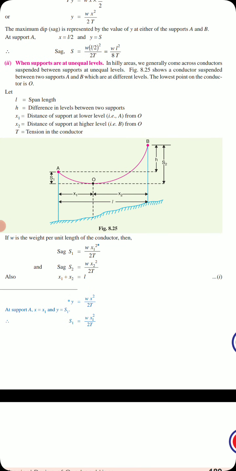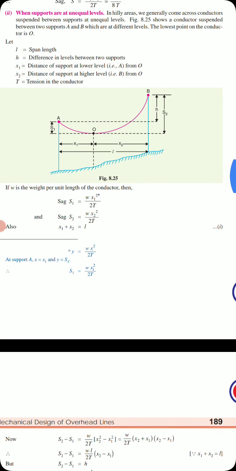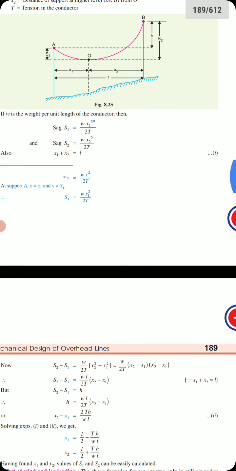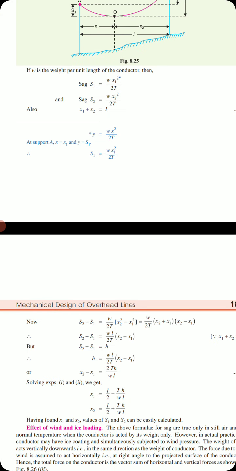Sag S1, measured from the support A to O, is given by S1 = W x1 square by 2T, and sag S2, from the point B to O, is given by S2 = W x2 square by 2T, where x1 plus x2 is equal to L. We know span is nothing but the total distance x1 plus x2.